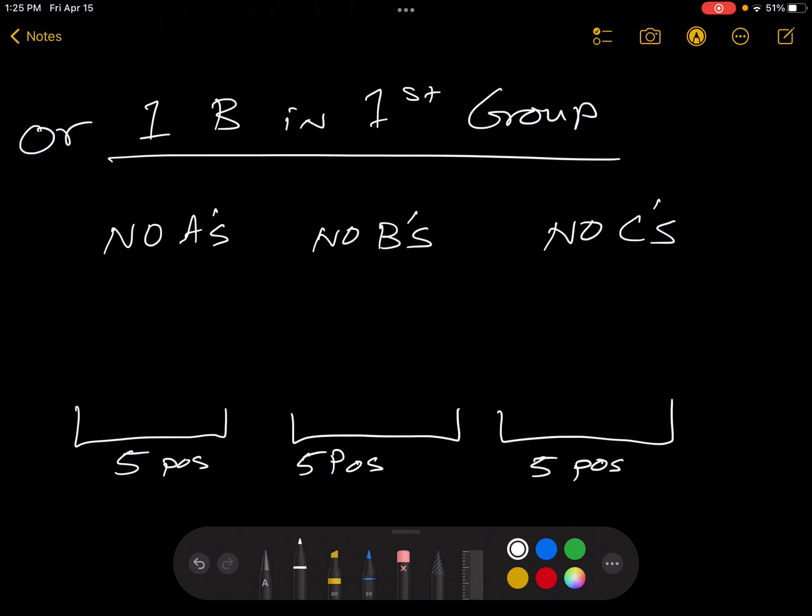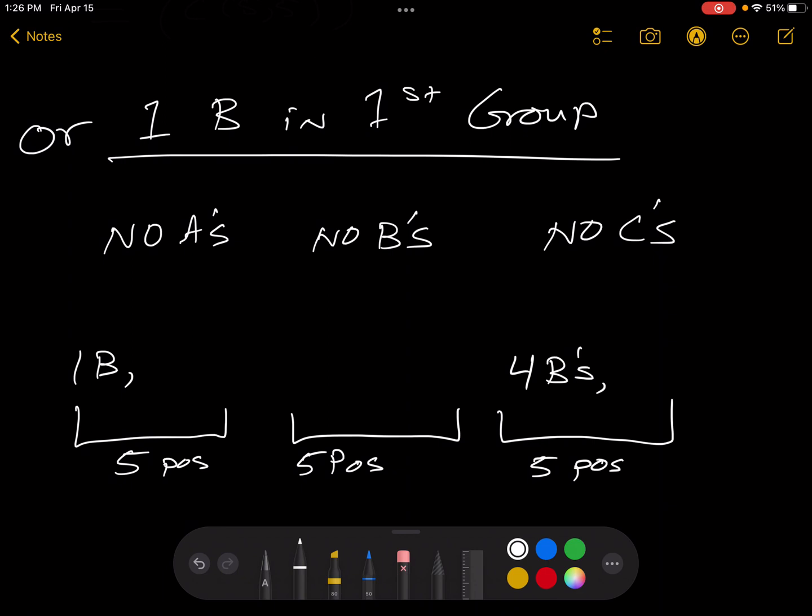Okay, so if we have 1 B in the first group, put 1 B there. If we have 1 B there, and we have no B's in the second group, then we have to have 5 B's there. No, sorry, 4, because you have 5 B's total, right?